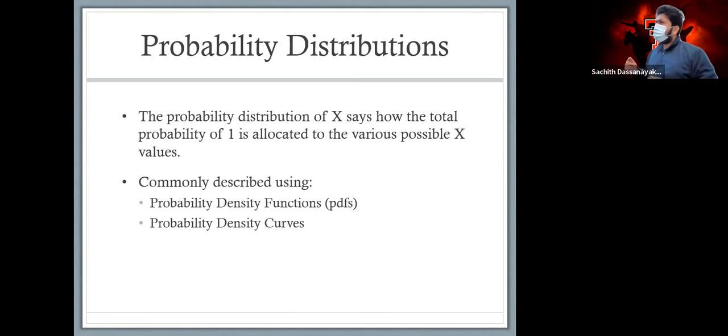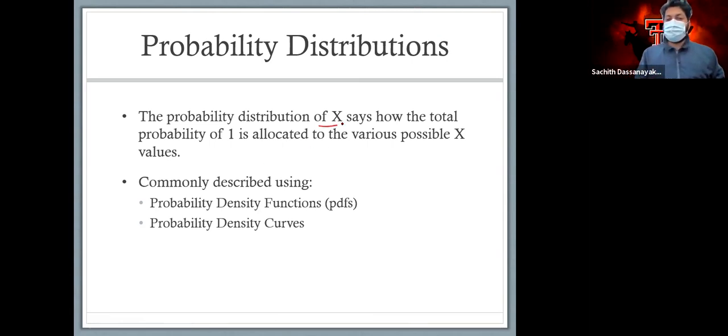That probability distribution we call the probability density function, or PDF. Simply we call it PDF, probability density curve, doesn't matter. Previously we had PMF. Now we have PDF. You will see the difference in a few slides.